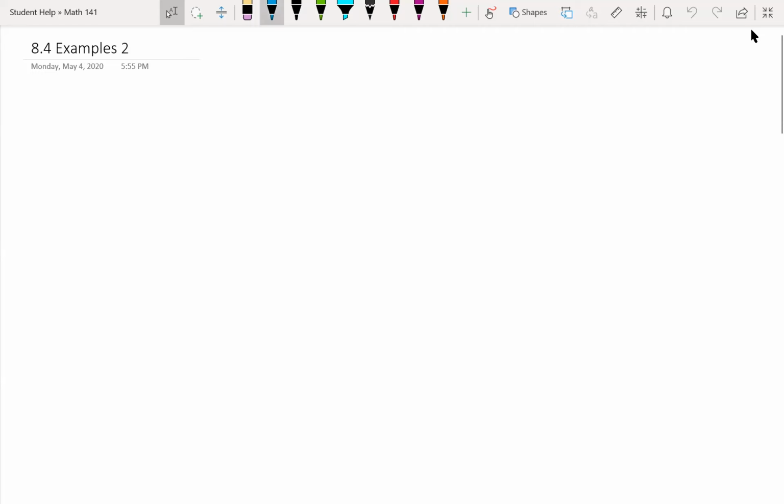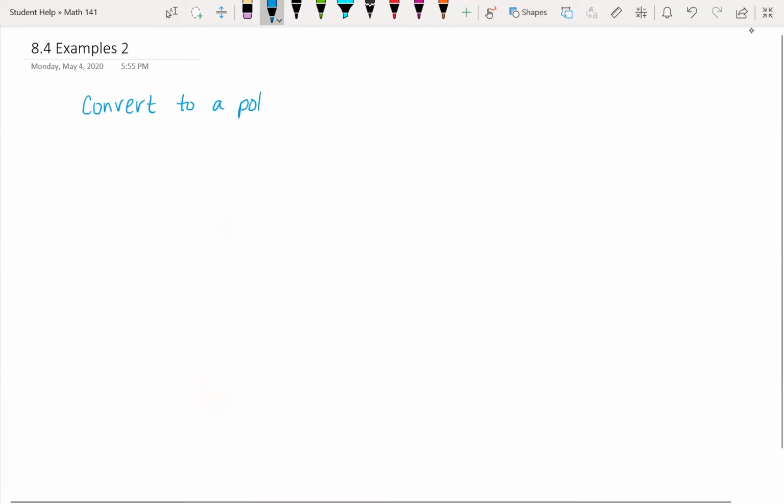So we're going to convert to a polar equation. Now, Desmos can sometimes handle the polar equations, but sometimes it can't, and you need to switch it back to a rectangular equation.